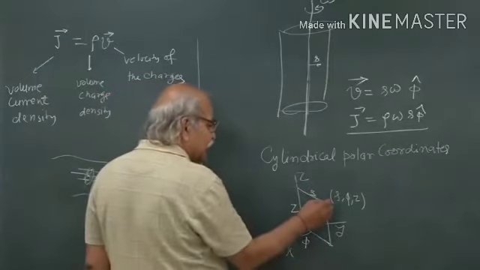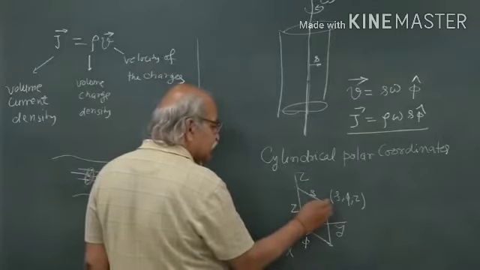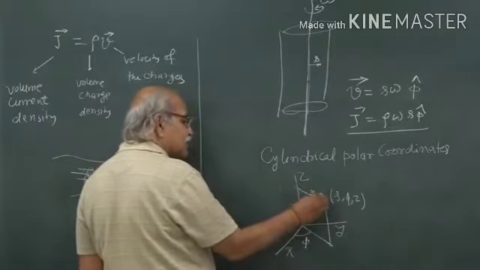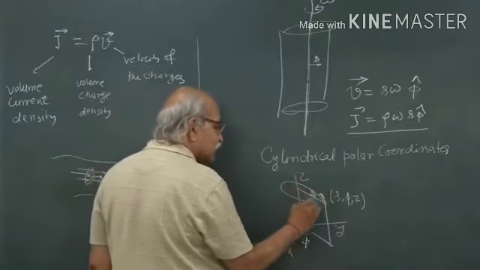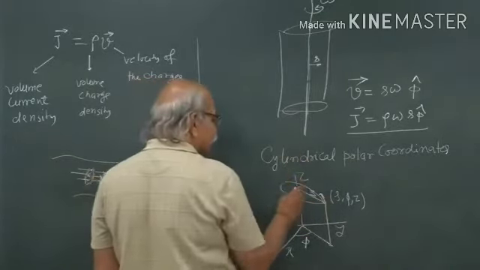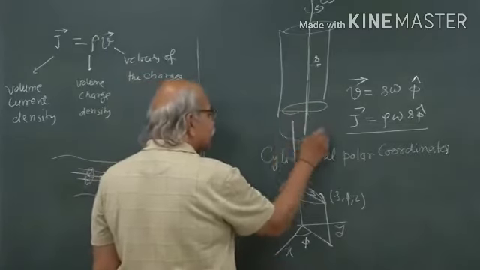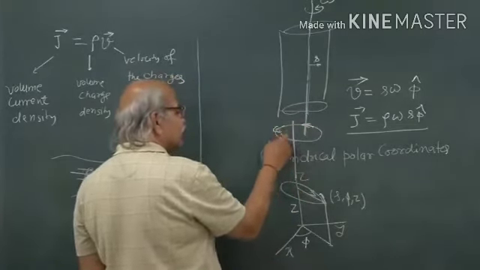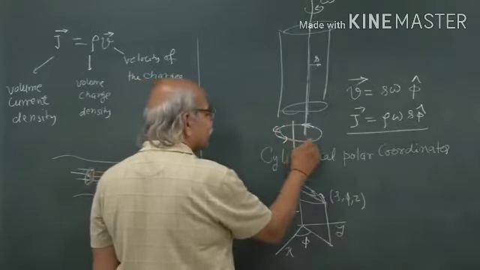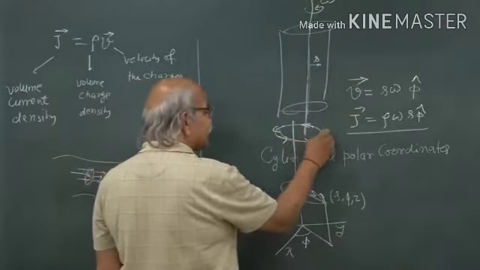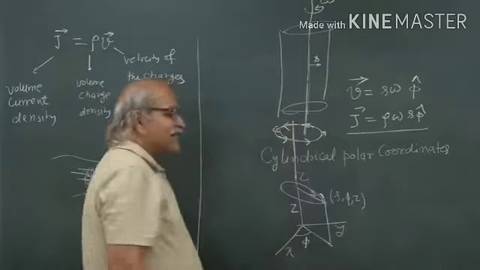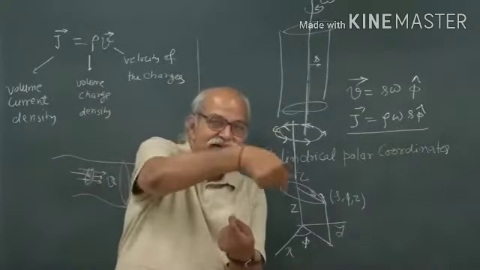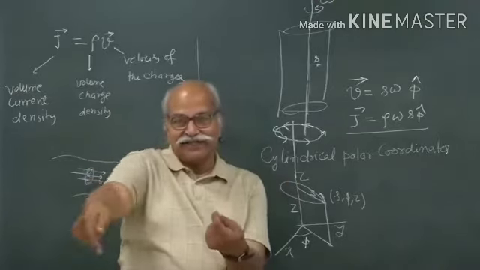If I draw a circle like this, here this is phi cap direction, here this is phi cap direction, like that. When you rotate about the z axis, the tangential direction is the phi cap direction.